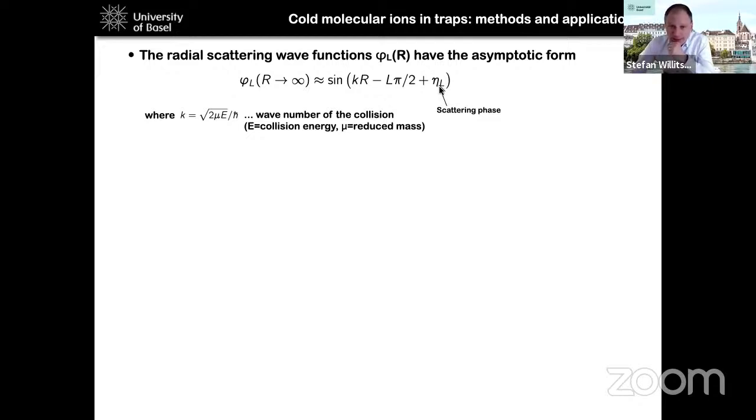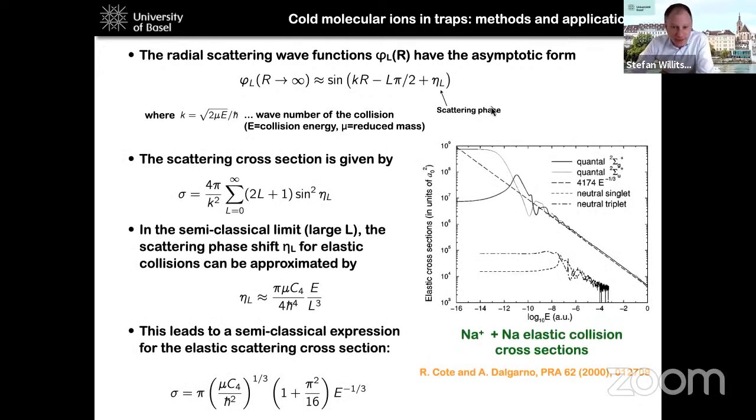Okay? So essentially what this means is that the scattering manifests itself as phase shifts in the wave function. And it further turns out that it is this scattering phase shift which is then linked to the scattering cross-section. Now, the scattering cross-section can be formulated as something proportional to a sum over all angular momentum states times the sine squared of the scattering phase shift.